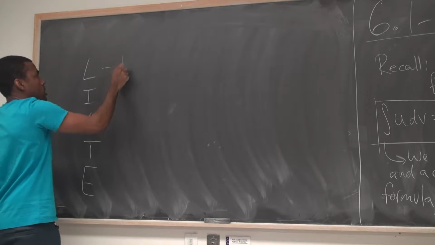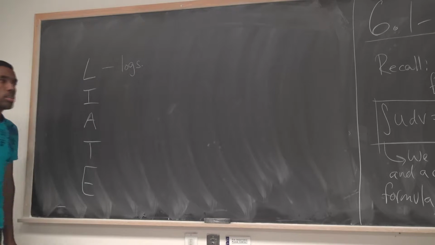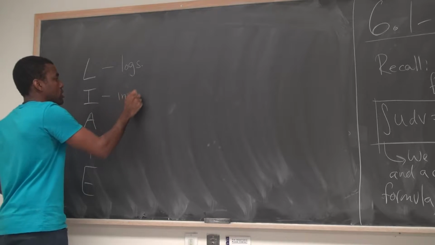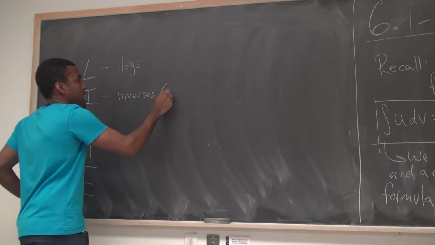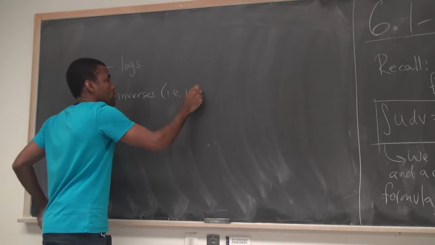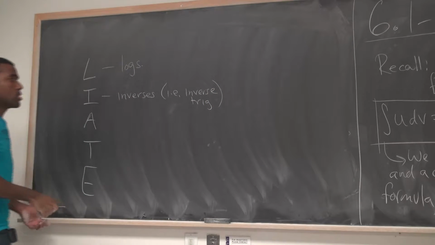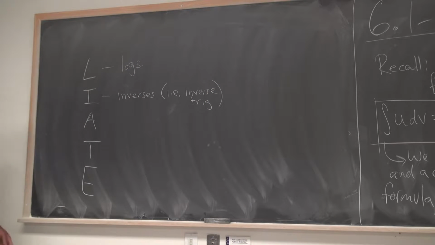The L stands for logs. So if a function is a logarithm, the I stands for inverses, i.e. inverse trig functions, or like inverse hyperbolics, things like that.